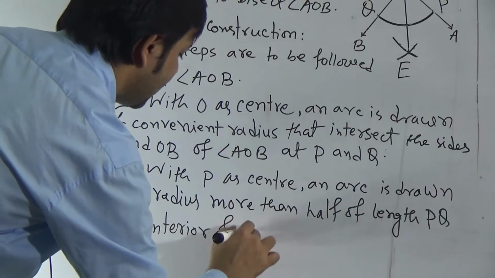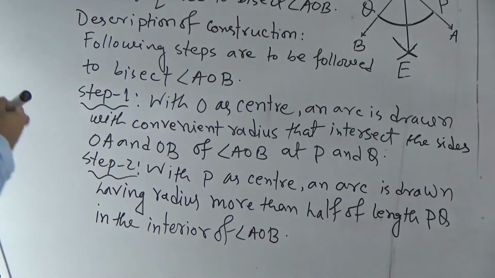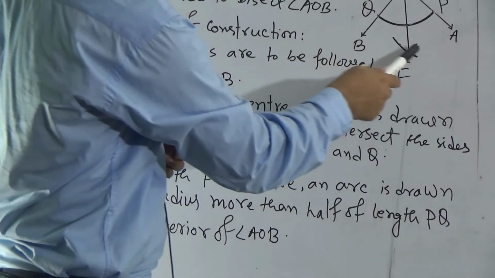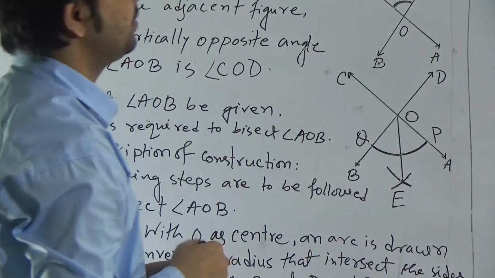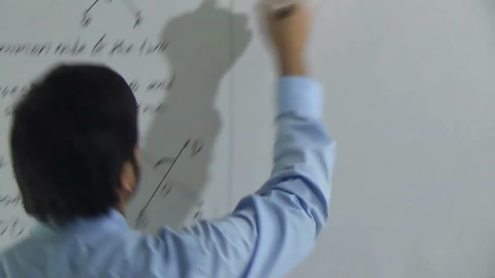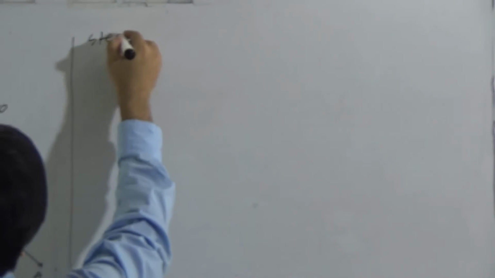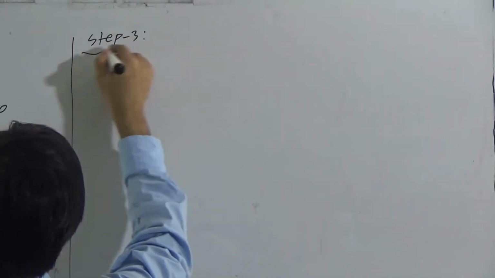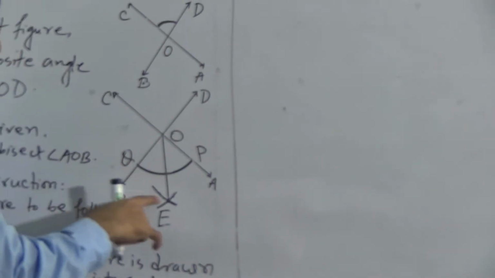Okay, dear students, it means that I have drawn this arc, and now I have to draw another arc with Q as center with the same radius. So I'll write the description here. Step 3. With Q as center with the same radius, draw another arc.